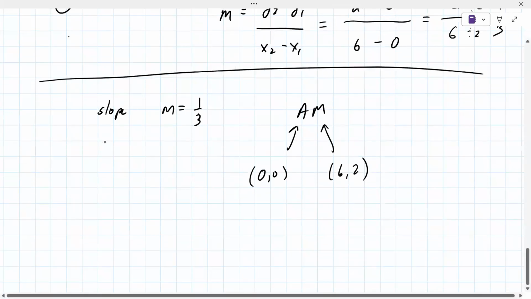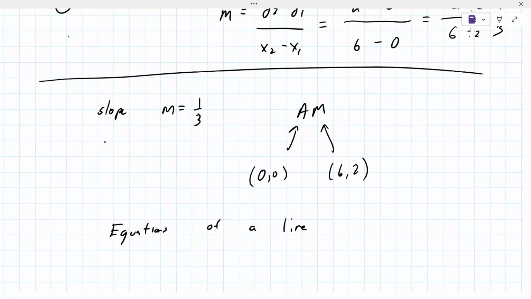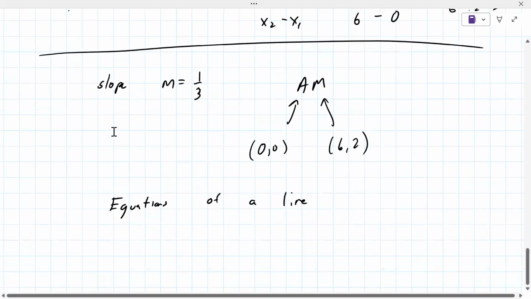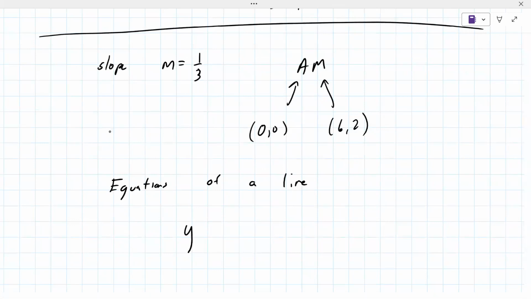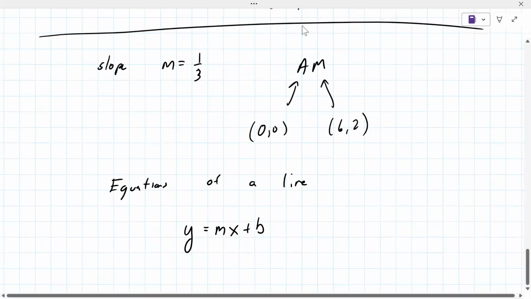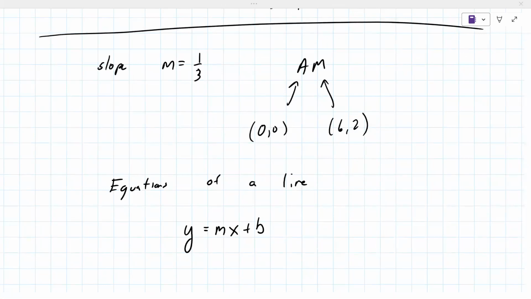Do you remember any equations of a line? No. Here is a common one. I think we've looked at this. You remember us looking at y equals mx plus b? I think so.